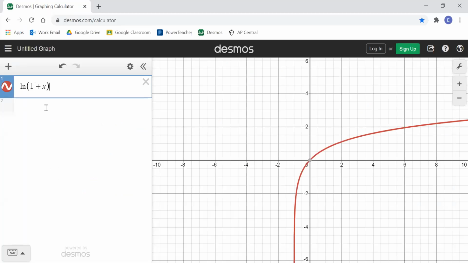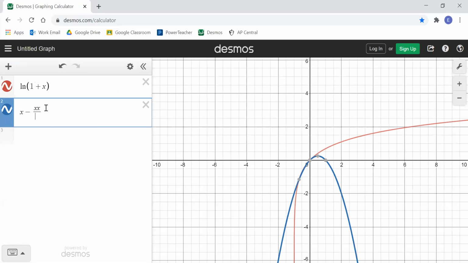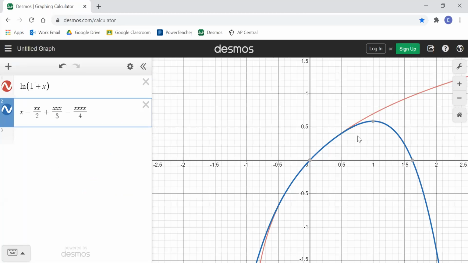Here's our natural log of 1 plus x, and x minus x squared over 2 plus x cubed over 3 minus x to the 4th over 4. And around 0, if we zoom in some here, we can see that this is a really good model for natural log of 1 plus x around 0.